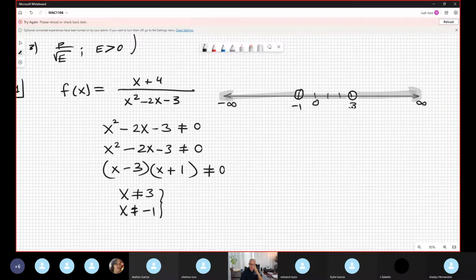So what is the solution? The solution is the domain of the function f, the name of this function, expressed in interval notation. Basically, we have 1, 2, and 3 intervals.